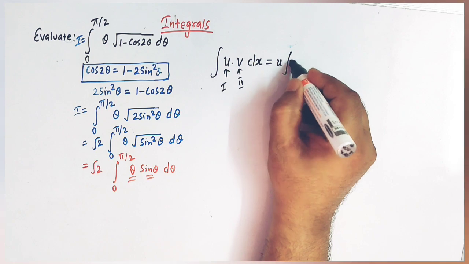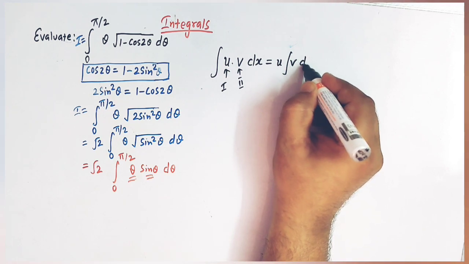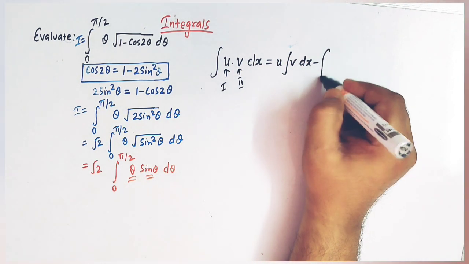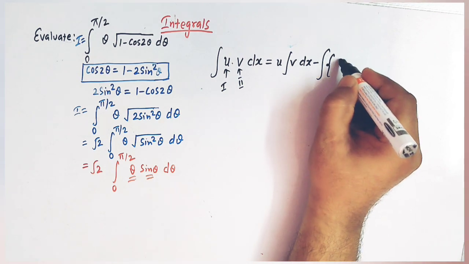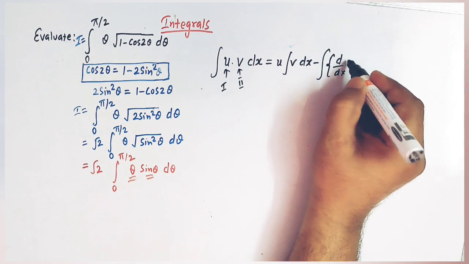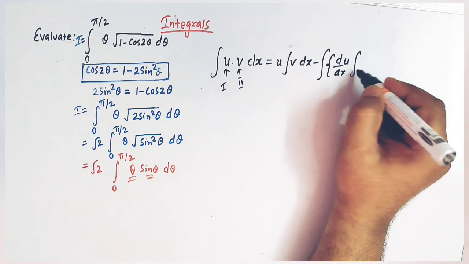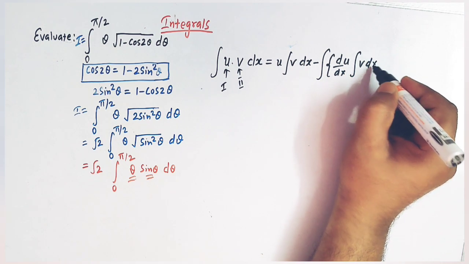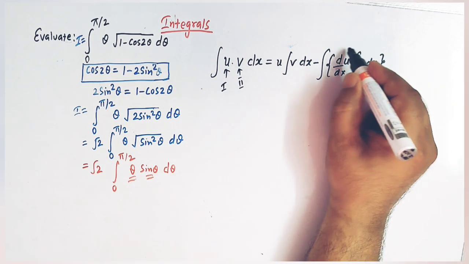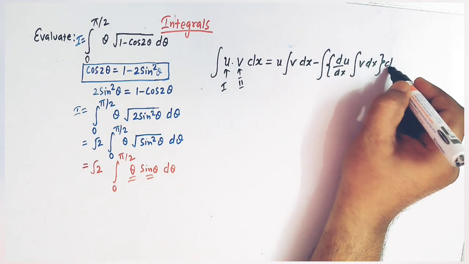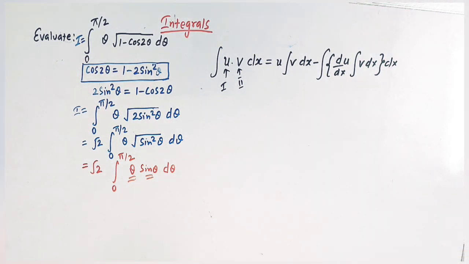We write u times integral of v dx, minus integral of the derivative of u times the integral of v with respect to x, and then this whole quantity should be integrated with respect to x, right?